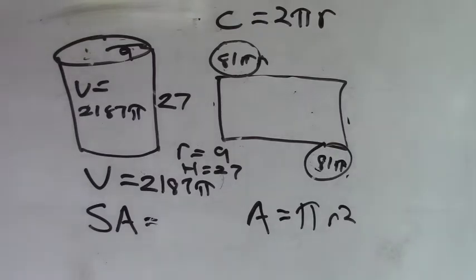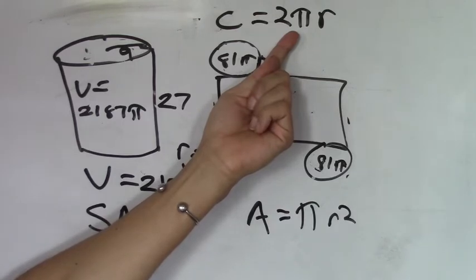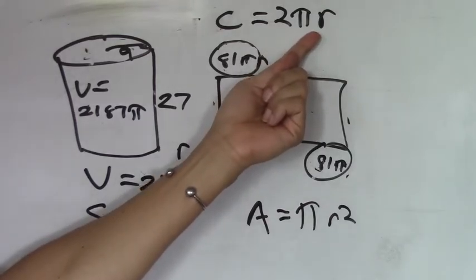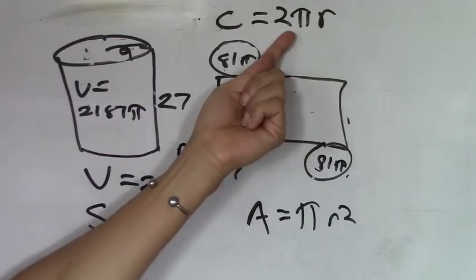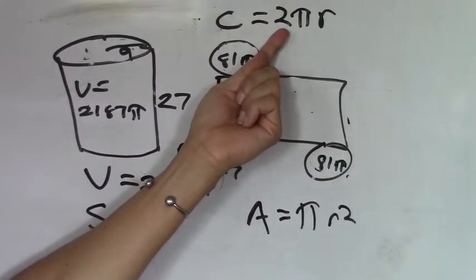Try again. 2 pi r. How are you getting 81? What's r? R is 9. So 9 pi. Well, you gotta multiply the 2. So 18 pi. Why is that hard?